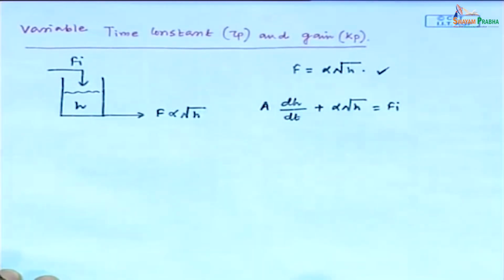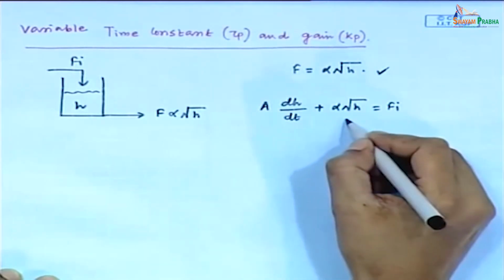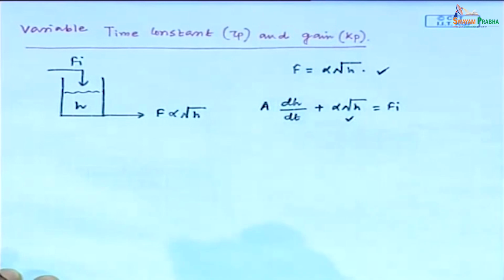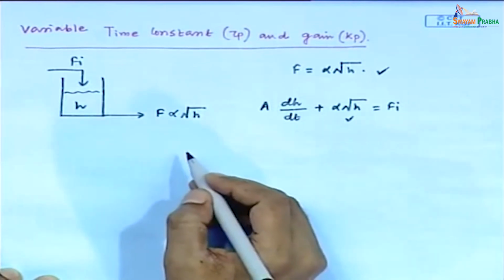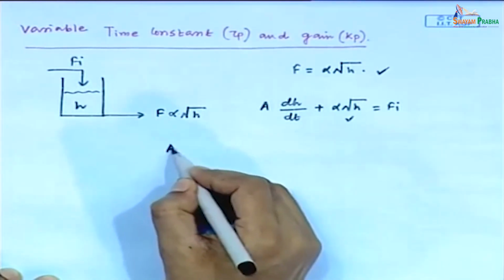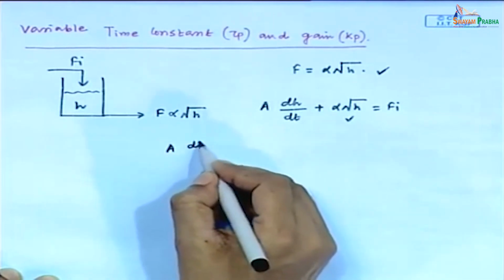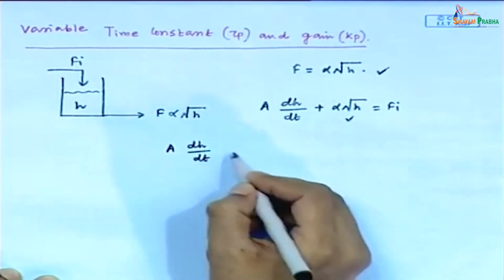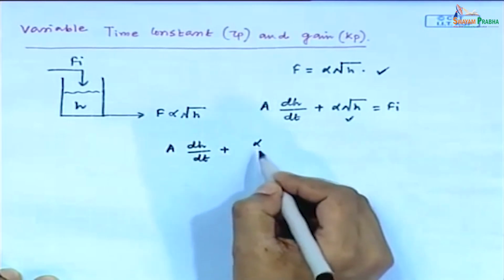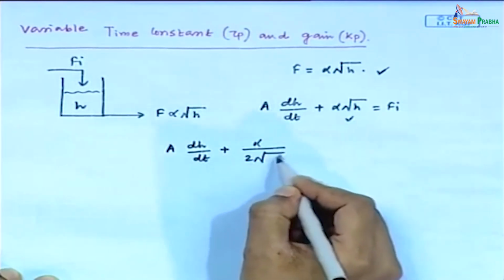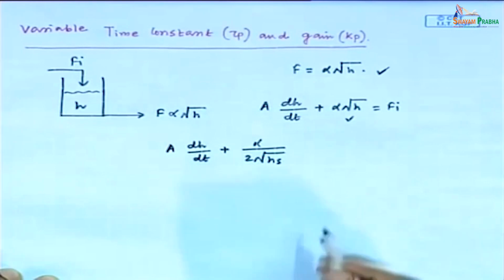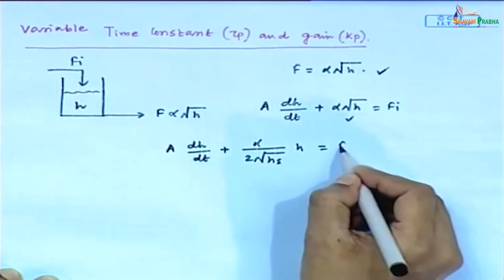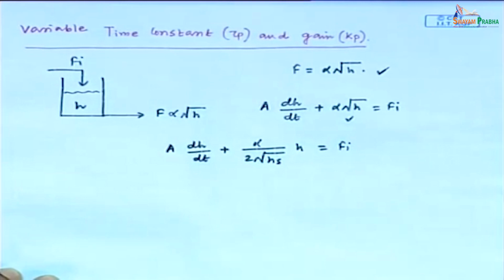Fine. Then in this equation, this is the nonlinear term. We linearized it considering Taylor series, and finally we got A dH dt plus alpha divided by 2 root hs times h equals Fi.